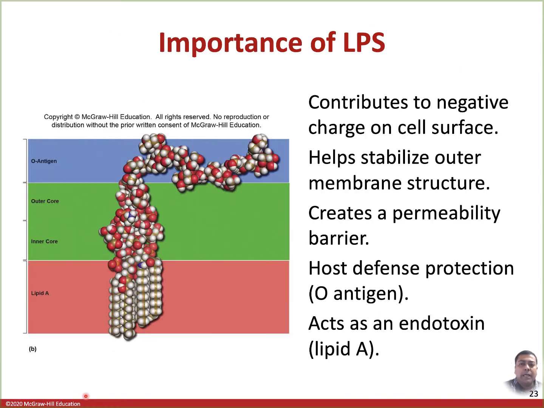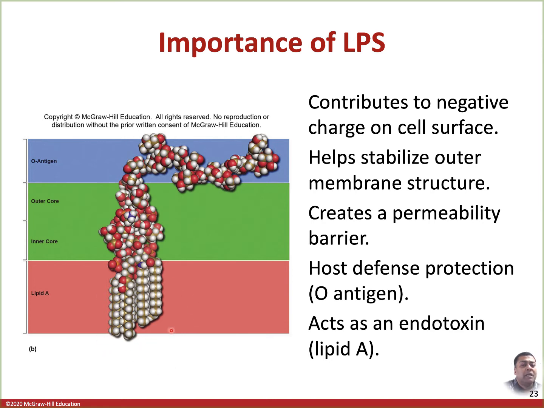The LPS, or lipopolysaccharide, contributes to the negative charge on the cell surface, helps to stabilize outer membrane structures, and acts as a permeability barrier. Right here, the O antigen is a defense protection. The lipid A part is an endotoxin.